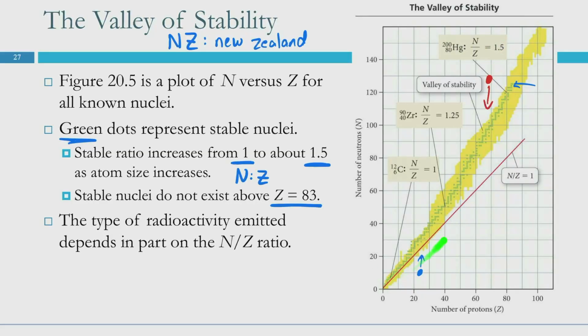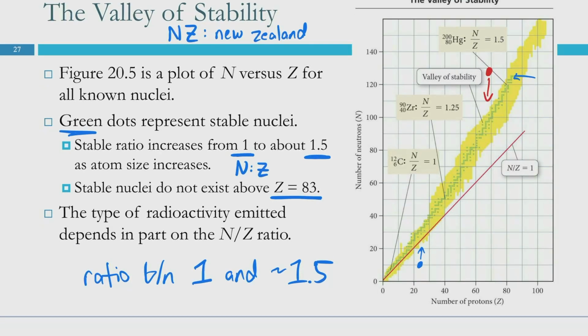So it's somewhere between 1 and 1.5 that we find most of our ratios for stable nuclei. But you certainly wouldn't want a neutron to proton ratio less than 1.